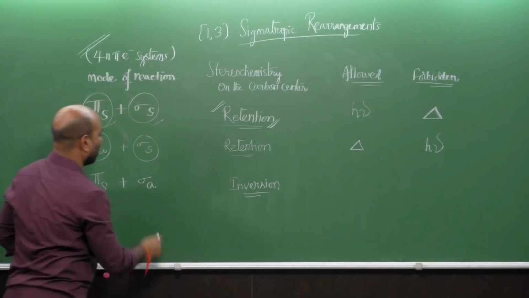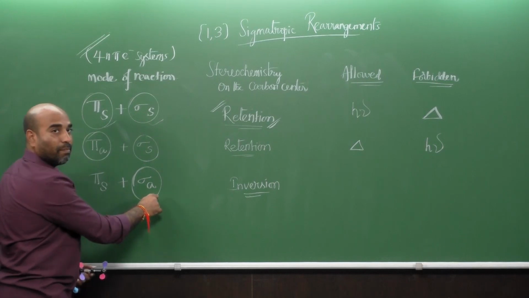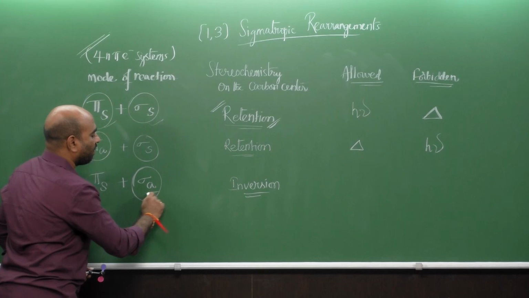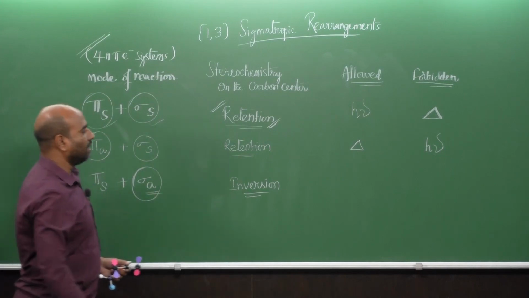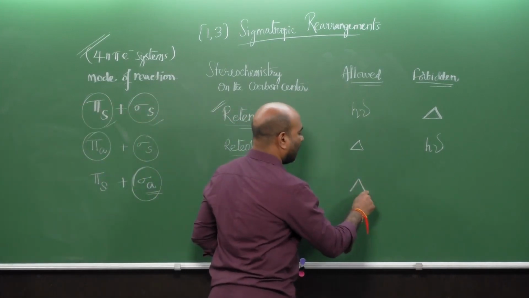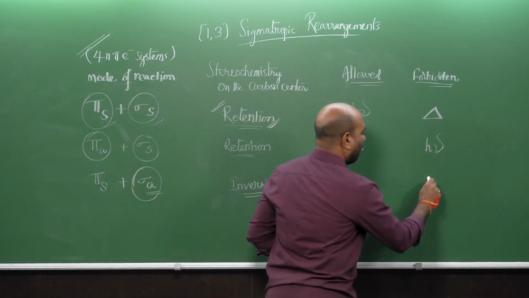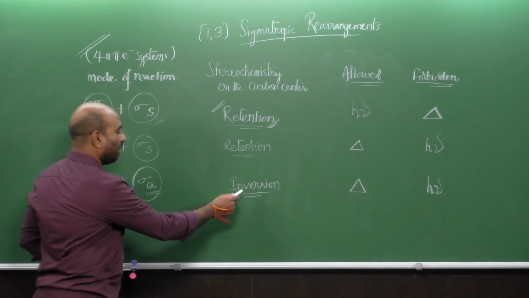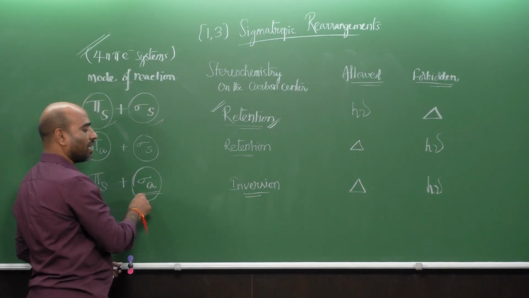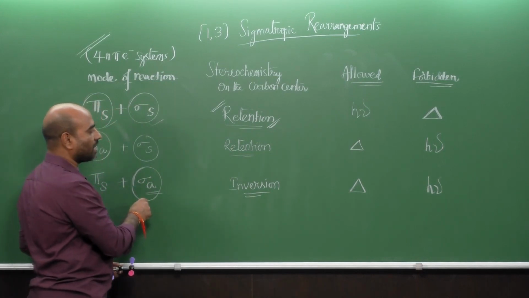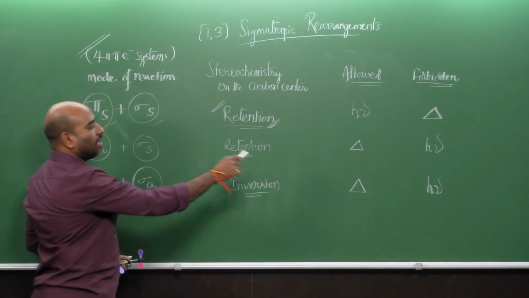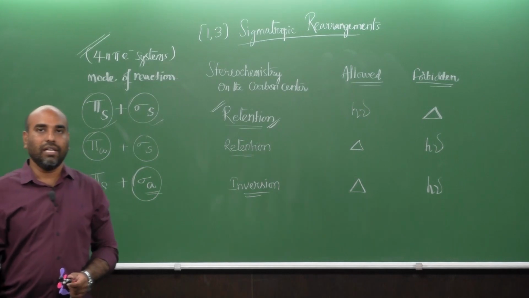Why is it inverting? Because the sigma partner, that is the carbon center, is an antarafacial partner, right? So it is still allowed under thermal conditions and forbidden under photochemical conditions. So with inversion of configuration, when the sigma partner or the carbon center is an antarafacial partner, you can see the reaction possible under thermal conditions but forbidden under photochemical conditions.